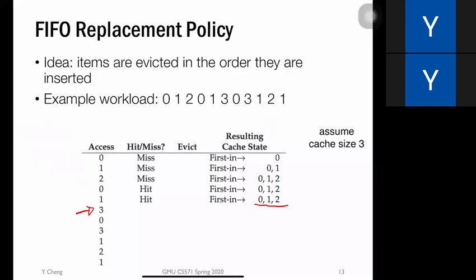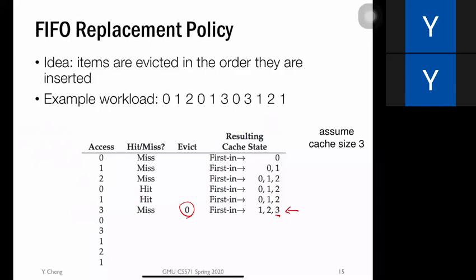make new room, so that it can accommodate this new access, which is 3. Okay, in this case, because we're talking about FIFO, you need to just evict the oldest, which is 0. So there is a miss, and we evict the oldest, the first in, which is 0, and push in something new, which turns out to be 3, at the tail of the queue.